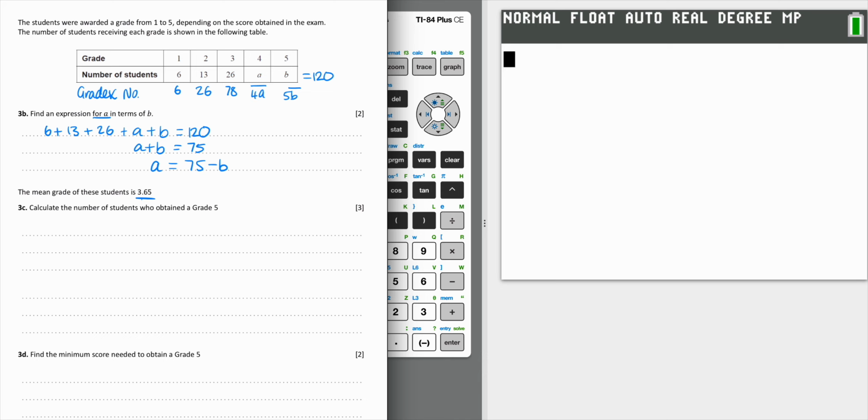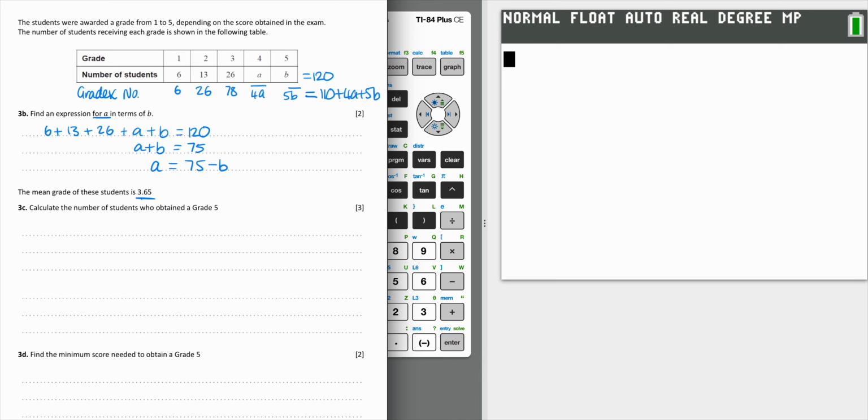So normally to find the mean, we would do the total of all of these numbers multiplied together, adding together these final answers, and we divide it by the total of this one here. So I need to find my total of these multiplied numbers. If I group those together and simplify them, I find that I've got 110, so 6 plus 26 plus 78, and then I have 4A and 5B.